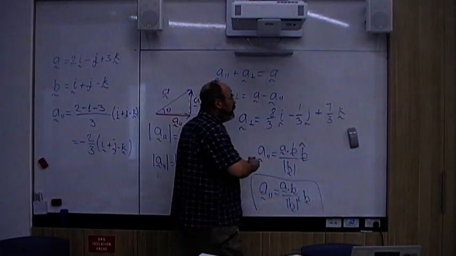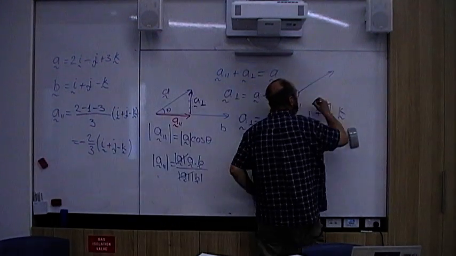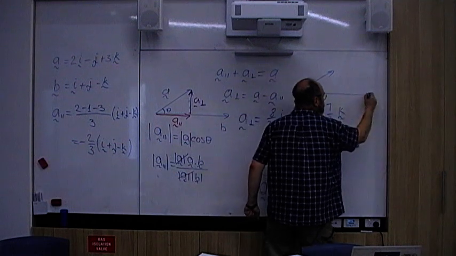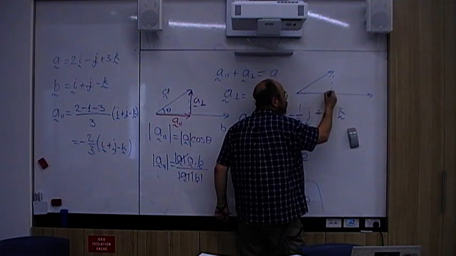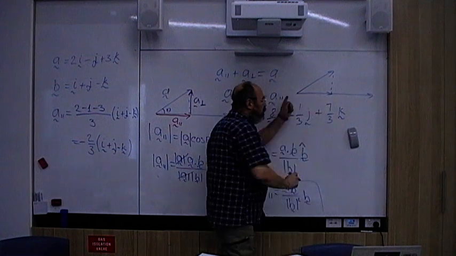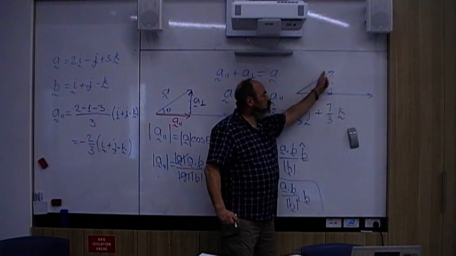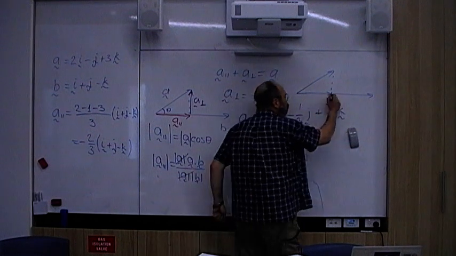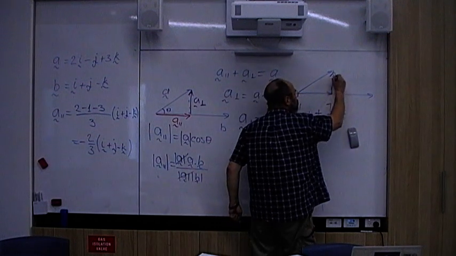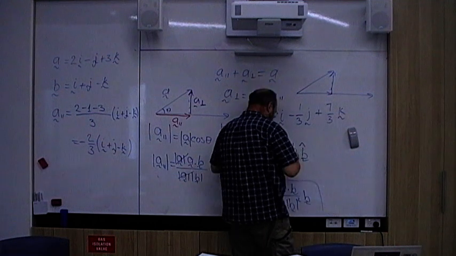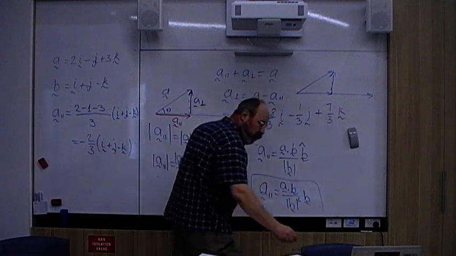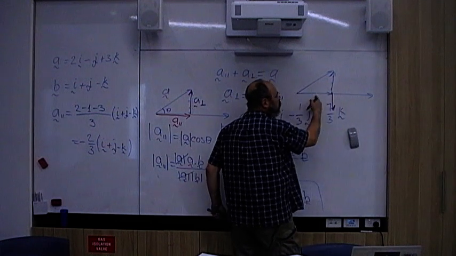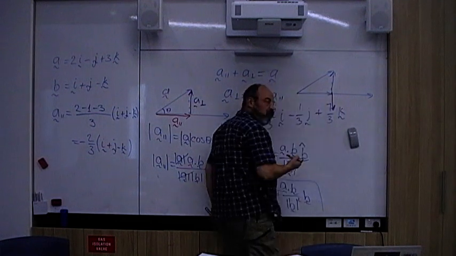If you have two vectors, there is only one vector that is the resolution of the first vector parallel to the second, and only one vector which is perpendicular. If you take the vector in the opposite direction, this and this will not add up to that vector.